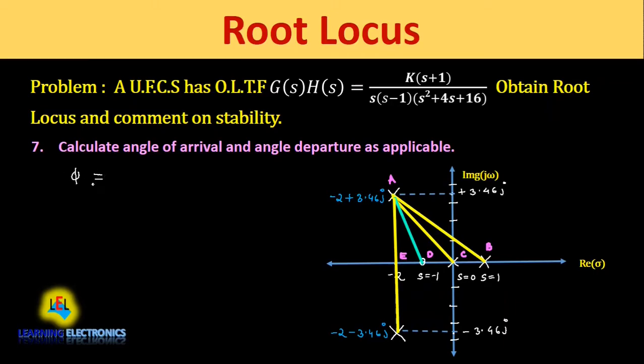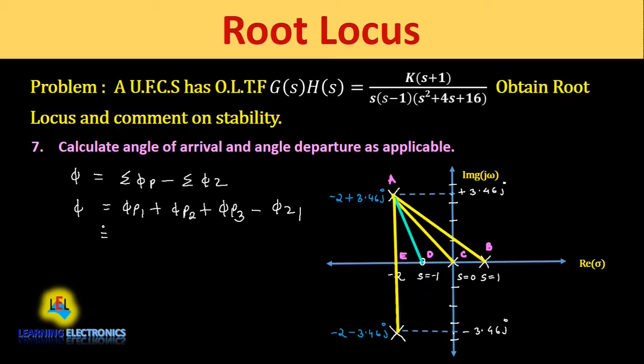Next step is to find out phi. Phi will be equal to sigma phi P minus sigma phi Z. So whatever angles we are getting, phi P1, phi P2 and phi P3, we have to sum up here to get sigma phi P, and we are getting only one angle for phi Z1, so we'll write here: sigma phi P will be equal to phi P1 plus phi P2 plus phi P3, and sigma phi Z will be equal to phi Z1.